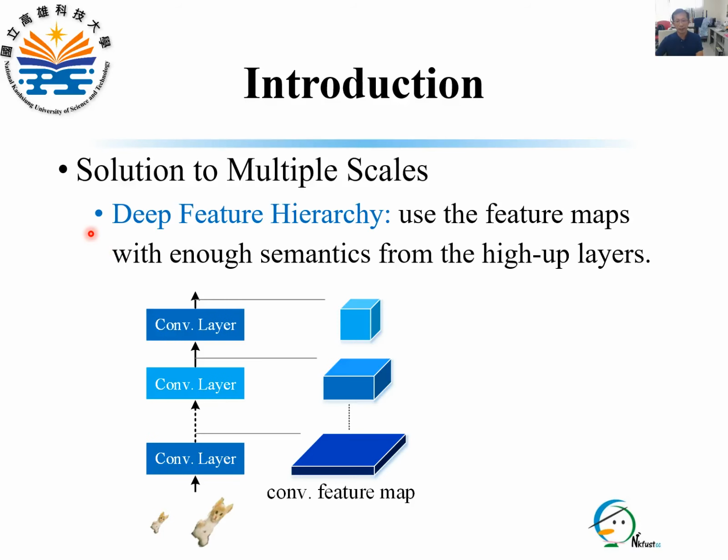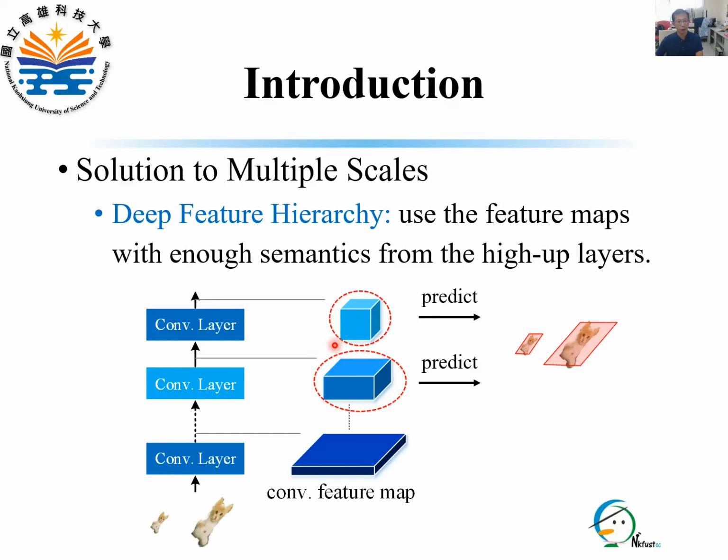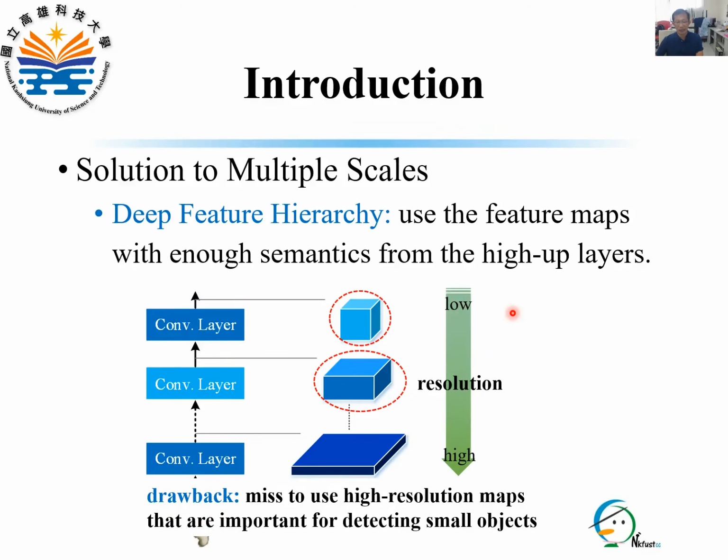To alleviate this problem, the approaches called the deep feature hierarchy use the feature maps with enough semantics from the high-up layers for object detection. However, the high-up feature maps are with low resolution. This makes deep feature hierarchy approaches miss using high-resolution maps that are important for detecting small objects.